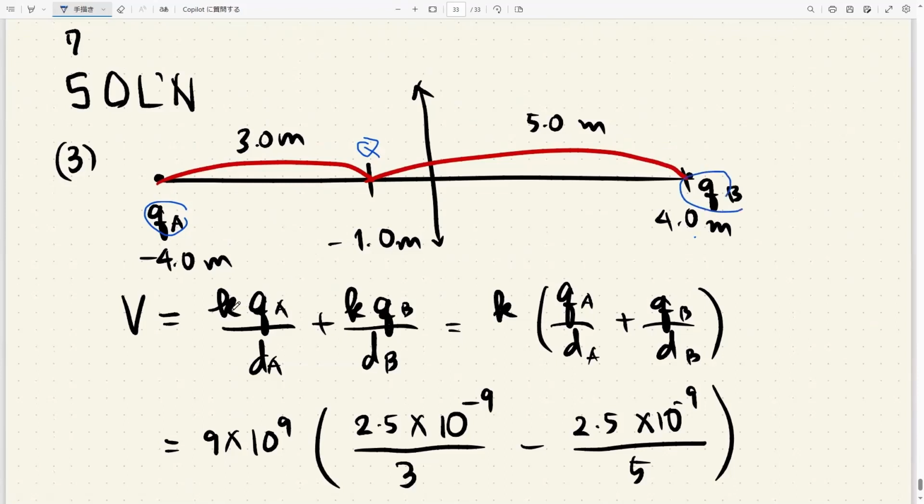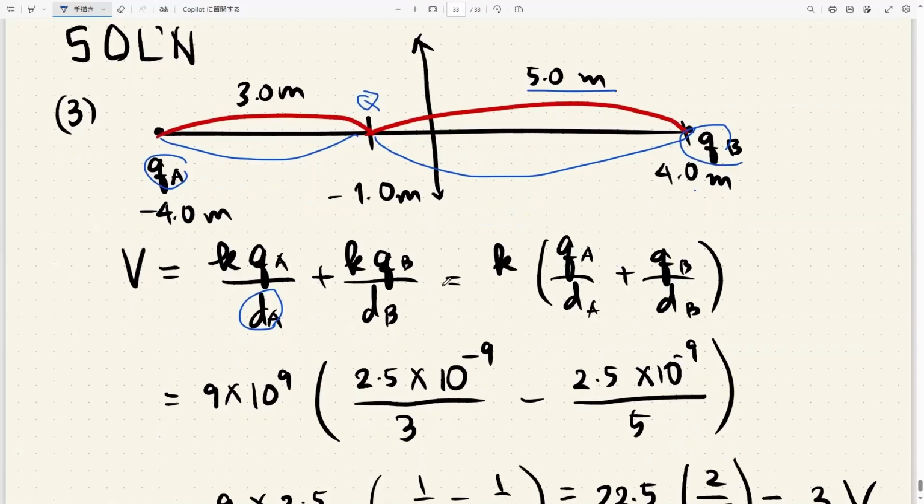And electric potential is just K, that's the constant earlier, times the charge causing it, divided by the distance. So it's KQA over DA. So this is that distance, which is 3 meters, that's DA, plus K times QB divided by DB, and that is this distance, which is 5 meters.